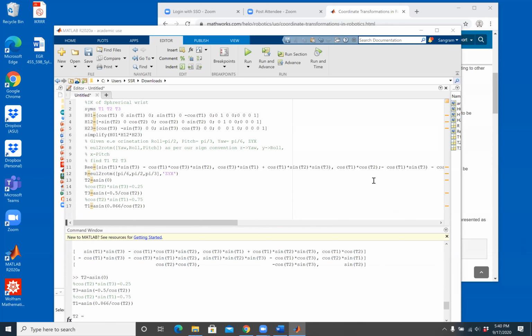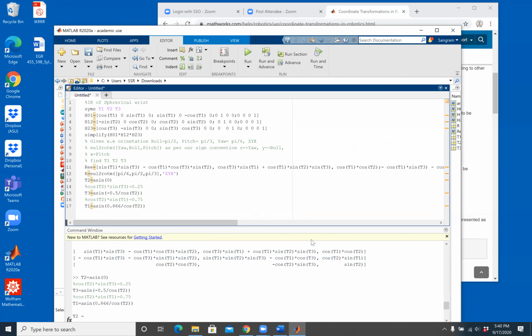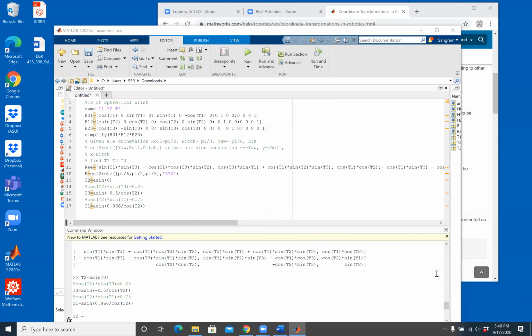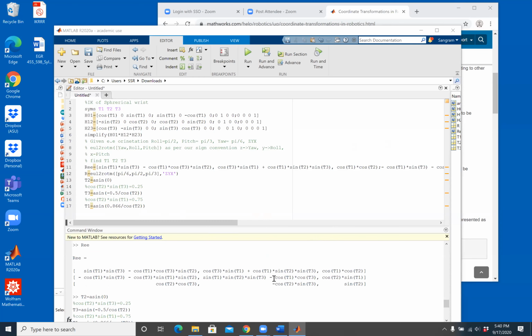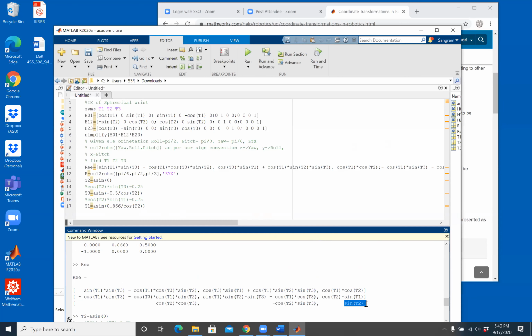So shouldn't T3 be equal to A sine T3? So first and foremost, I'm using the last equation to find T2. Then I am interested in finding out T3, and I'm using this equation.